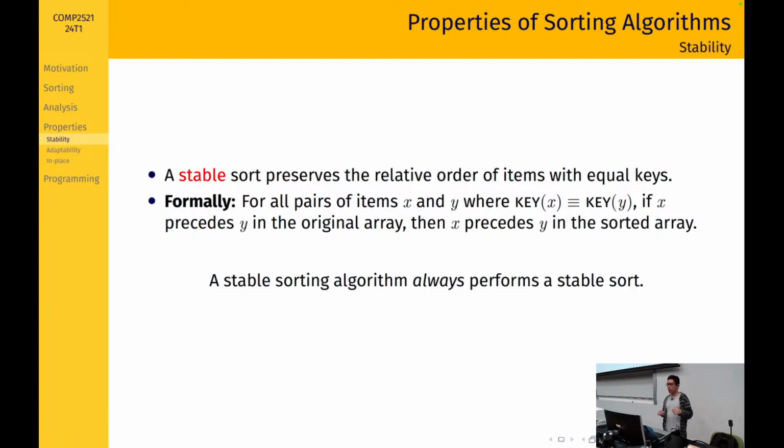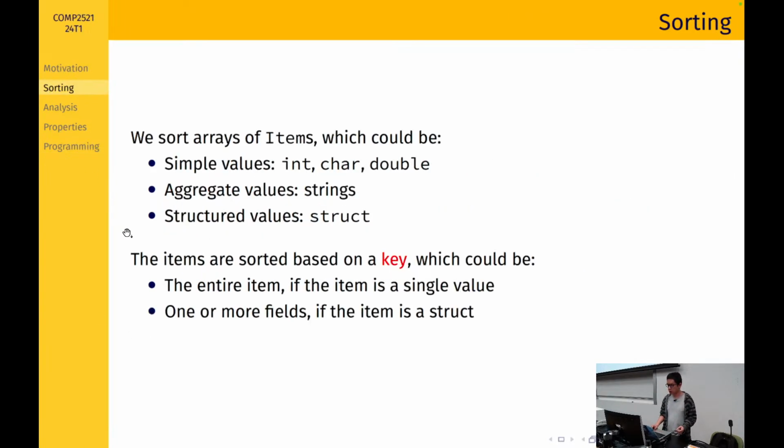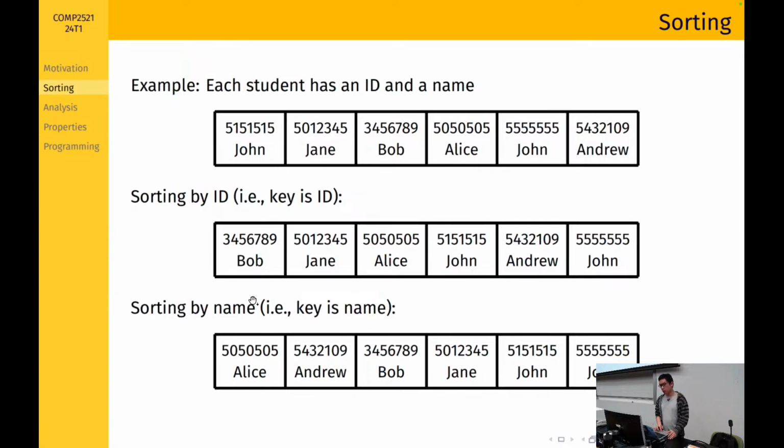As an example, before when we looked at this student example, if we have two items with the same key, for example, we're sorting by name here, and we have multiple people with the same name, if the sorting algorithm is stable, then the people with the same name, for example, the Johns, are going to remain in the same relative order after sorting.